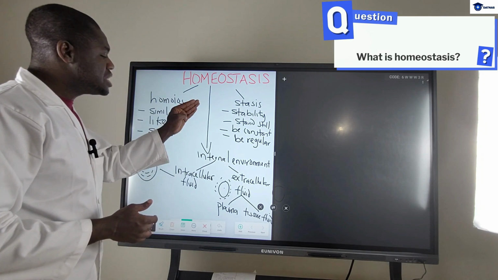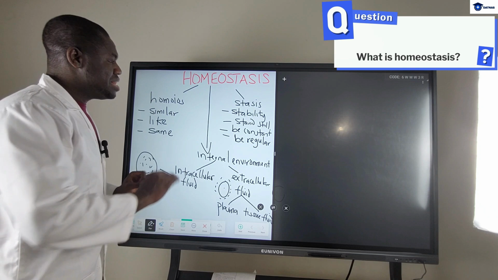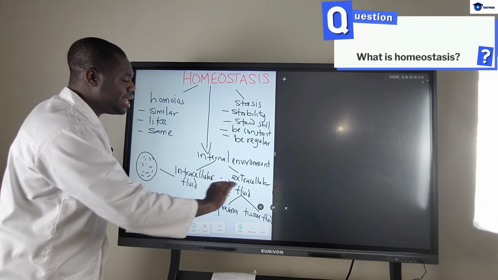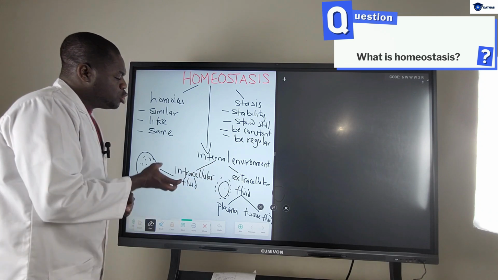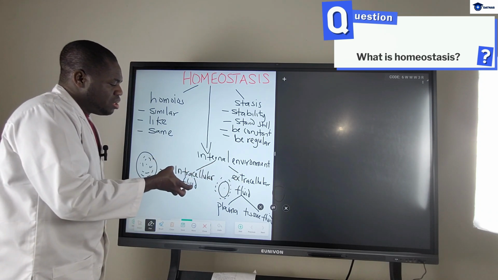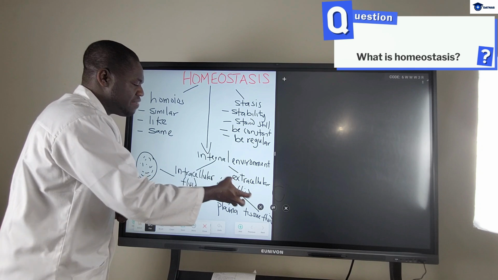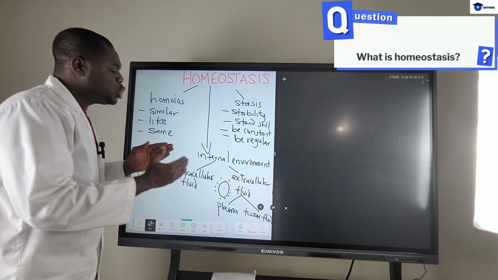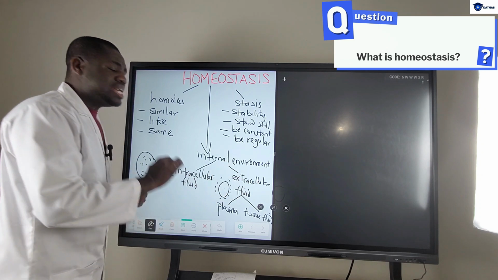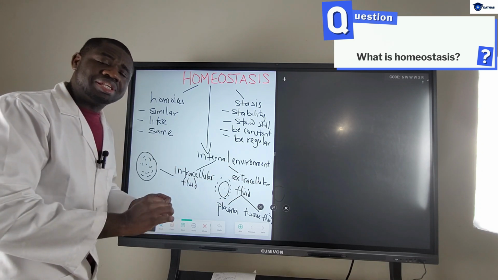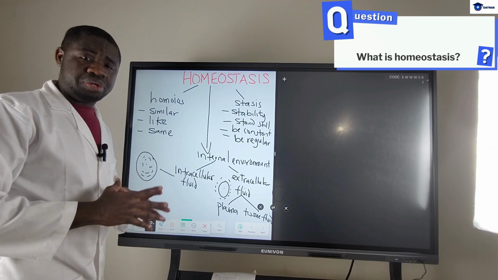So homeostasis ensures that there is a balance, an equilibrium, between the intracellular and extracellular fluid. It ensures that the conditions within the internal environment are maintained in a state of equilibrium.